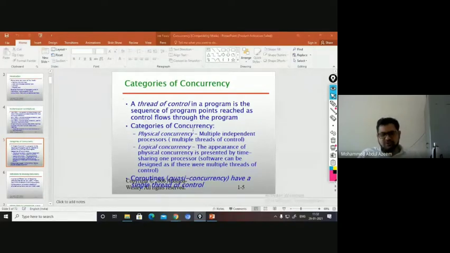Now, focusing on how we can achieve concurrency at the instruction level and the program or sub-program level. A thread of control in a program is the sequence of program units reached as control flows through the program. Basically, threads are sub-programs, right? How can we achieve concurrency at the sub-program level?